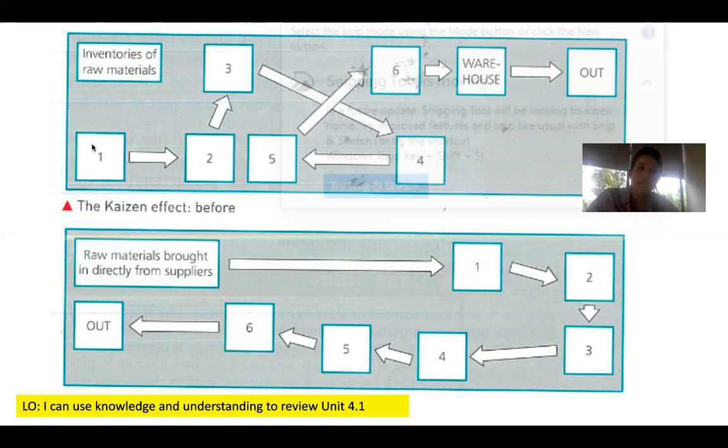So before, in the factory, the products have to go all the way around all of these places. This is dangerous, this takes more time, and it's just a waste overall. Once Kaizen has been introduced, then you can see there's a much clearer flow of materials in and out of the factory.